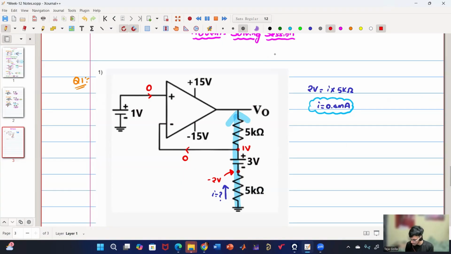So now let me apply KVL or KCL. So I can say that (1 minus V0) by 5 kilo ohm equals 0.4 milliampere. So can you guys calculate and let me know what is the value of V0?